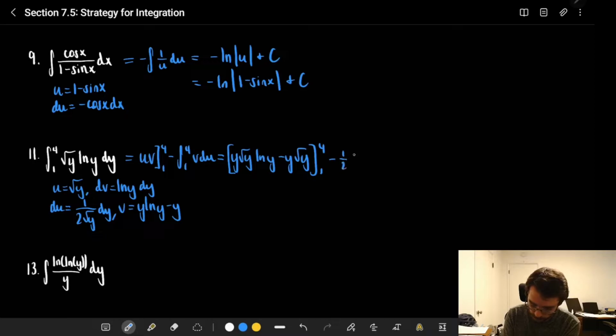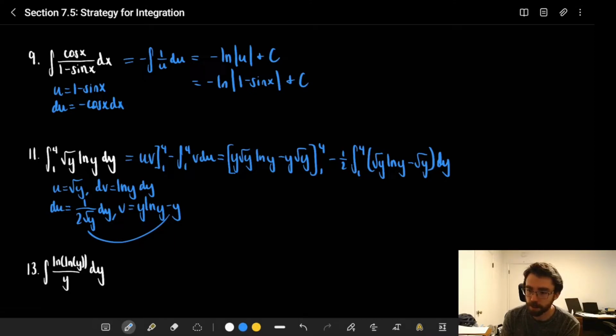So 1/2 integral 1 to 4. V du, I'm just multiplying these two things. So we get, divide all the y's by square root of y. That leaves square root of y behind. Now, one of those I can handle quite well, and the other I can also kind of handle. Yeah, so I think this will work.